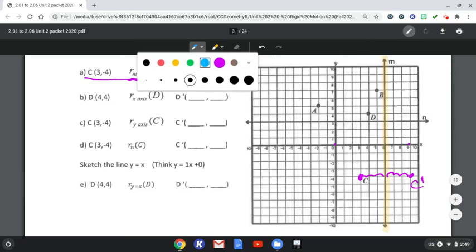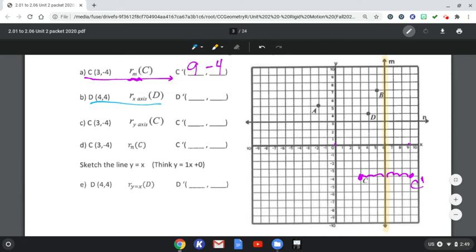We look at point D. D is the point 4, 4. And they want us to reflect point D over the x-axis. So if this is my line of reflection, if point D is up 4 from the x-axis, we move that down 4. So if point D was here, it becomes D prime down here, 4, negative 4.